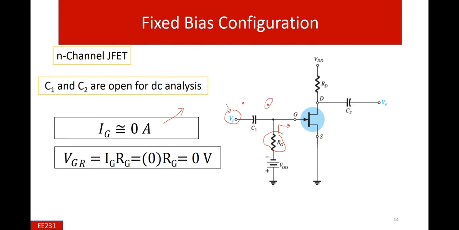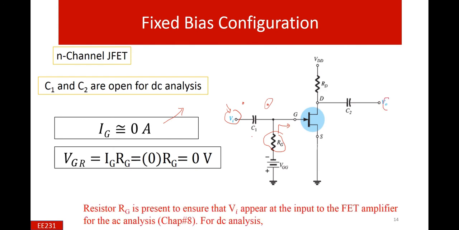So in the DC analysis, this C1 is open, and similarly this type of biasing has no effect on the input terminals and the output terminals. Actually, these coupling capacitors C1 and C2 are isolating this portion of the circuit.